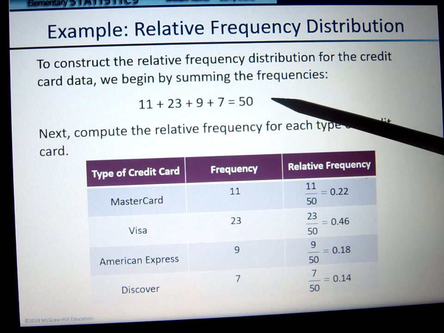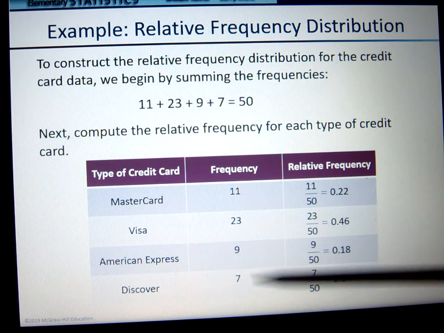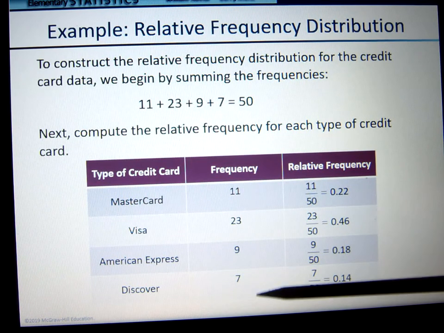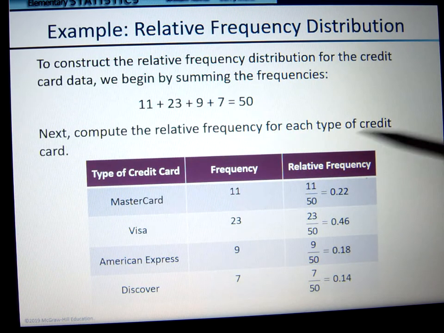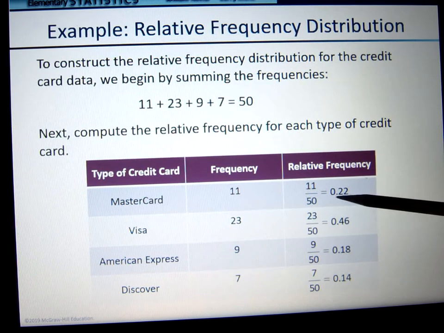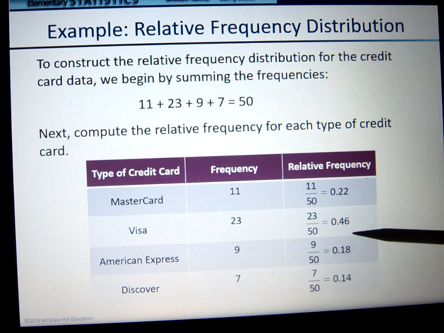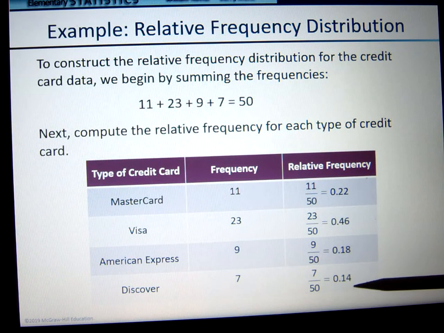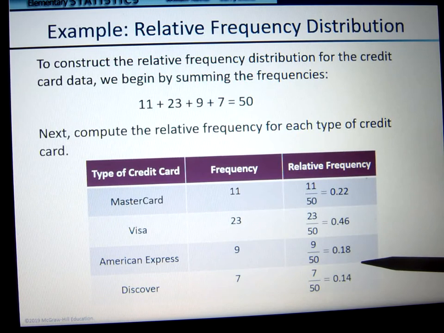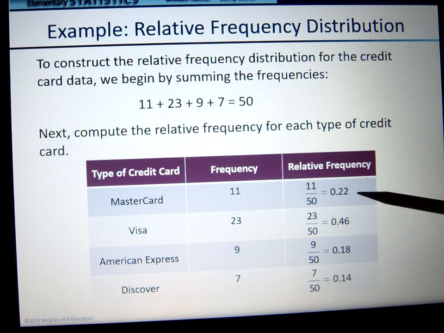We were told that in the beginning, and we should always add these together just to make sure that this adds up to 50, and it does. So 11 over 50 would be 0.22, or 22 hundredths. 23 over 50 is 0.46, 9 over 50, 0.18, and 7 over 50, 0.14. Now, these are probabilities. Sometimes you can use this to also get your percentages. So this would just be 22%, 46%, 18%, and 14%.